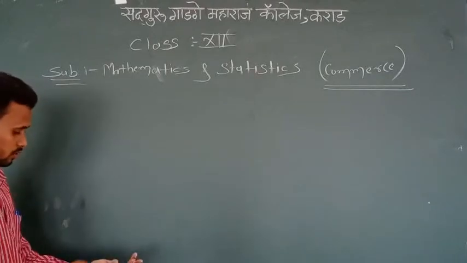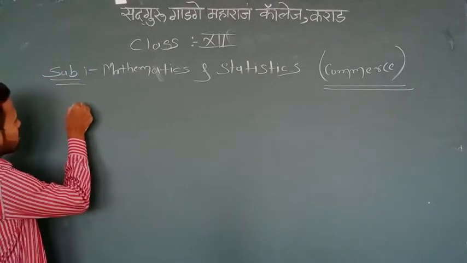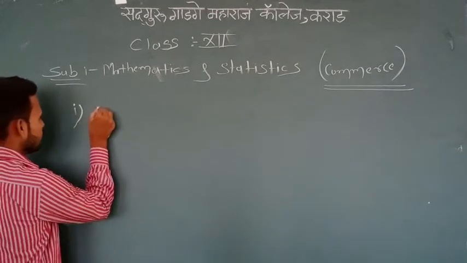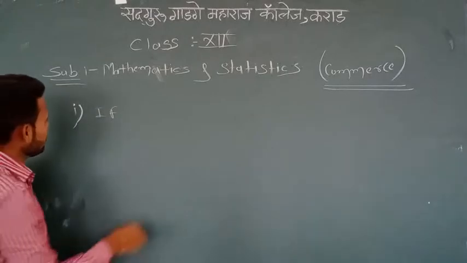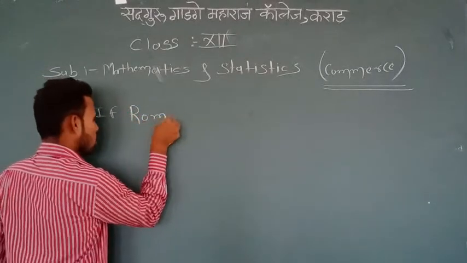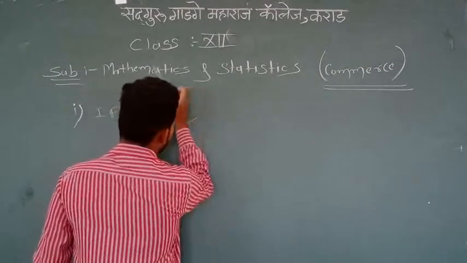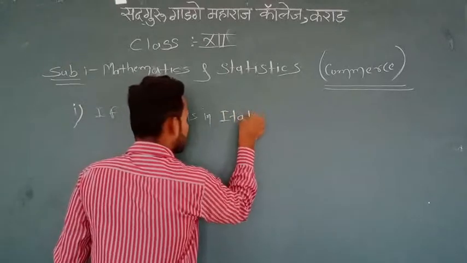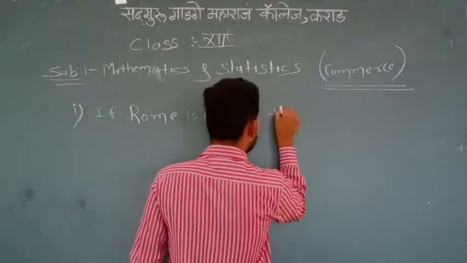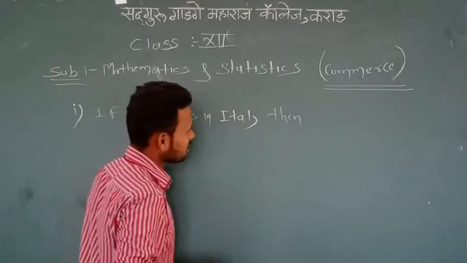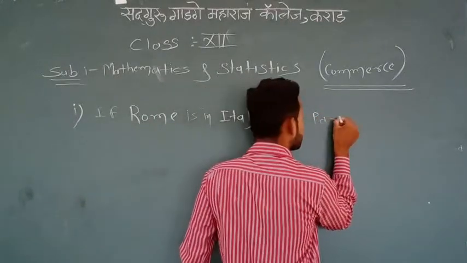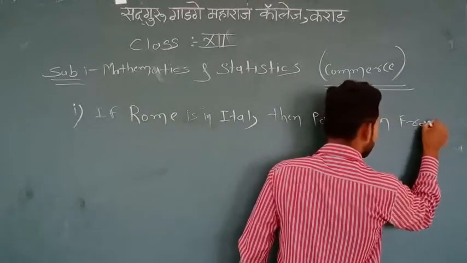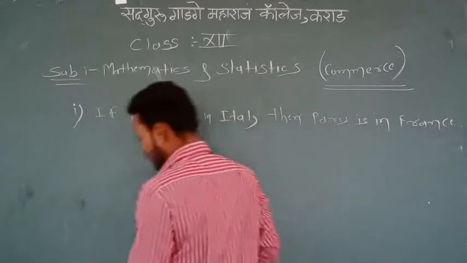Now next take an example. Example number one. Find the truth value of the following statement. Statement what? If Rome is in Italy, then Paris is in France. ठीक है.